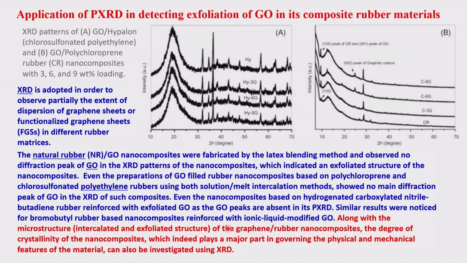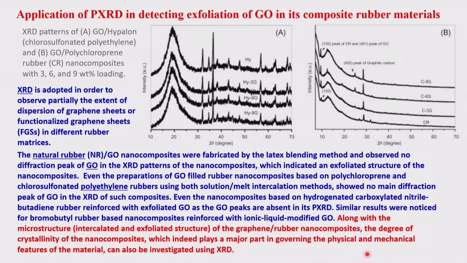Of the graphene rubber nanocomposite, the degree of crystallinity of the nanocomposites indeed plays a major role in governing the physical and mechanical features. Okay, so if you put some other component, you can have electrical features too. So use this rubber as one component and your material as the other, in this case graphene oxide, but you can put many other materials and make such composites whose properties you are trying to change.